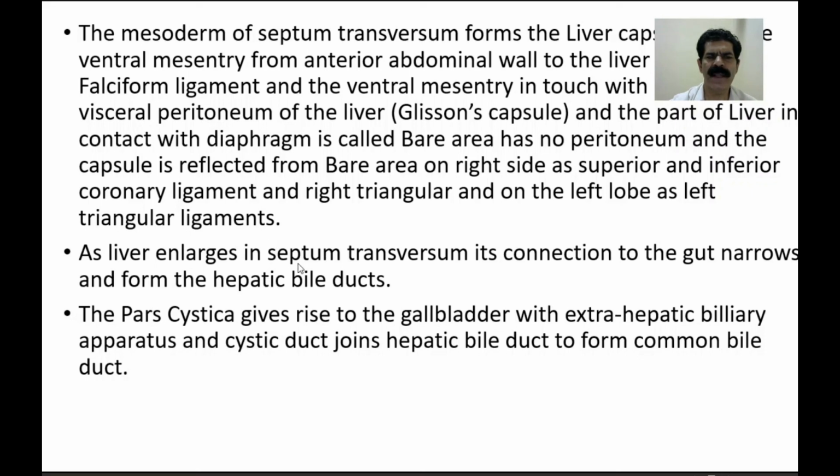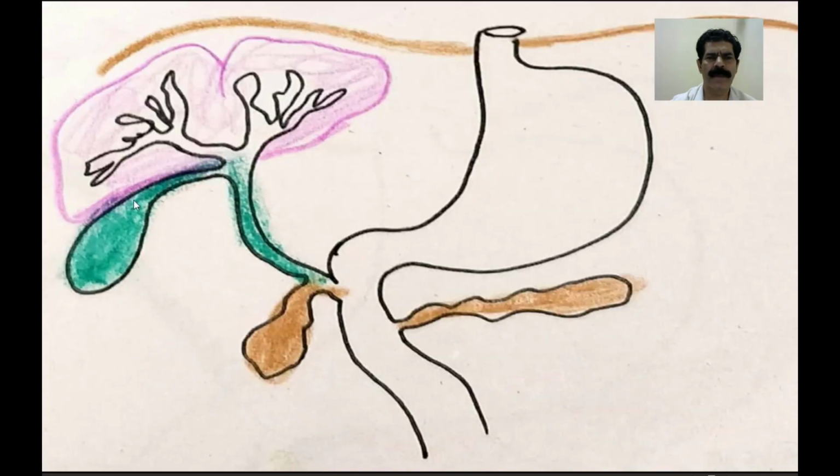Now, as the liver enlarges in the septum transversum, its connection to the gut narrows down and forms the hepatic bile duct system. The pars cystica becomes the gallbladder, with the extrahepatic biliary apparatus developed from here, and the cystic duct joins the hepatic duct to form the common bile duct.